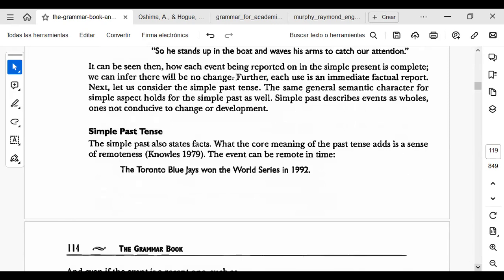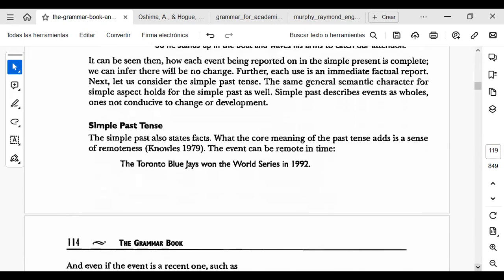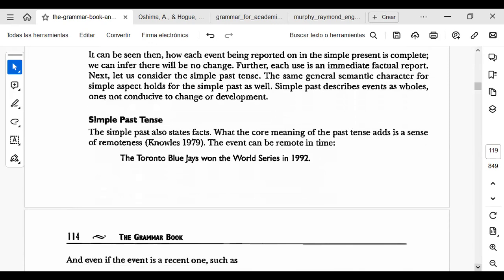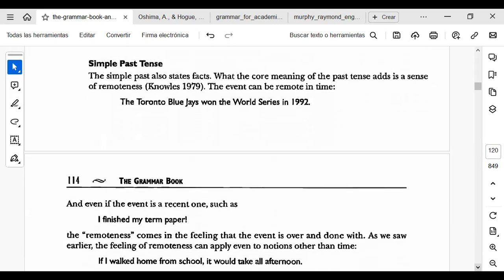It says when you talk about the simple present, the action is complete, and we can infer there will be no change. Further, each use is an immediate factual report. Okay, that's the idea of simple present. Simple past.